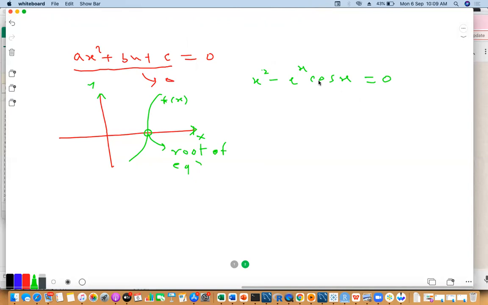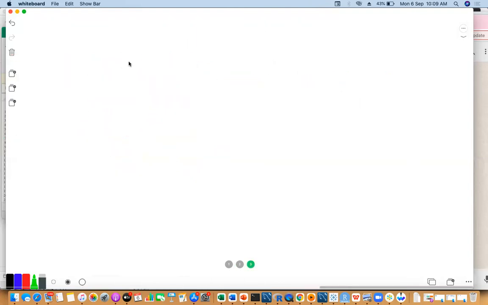Okay. So we have two different kinds of methods. First is the bracketing methods.